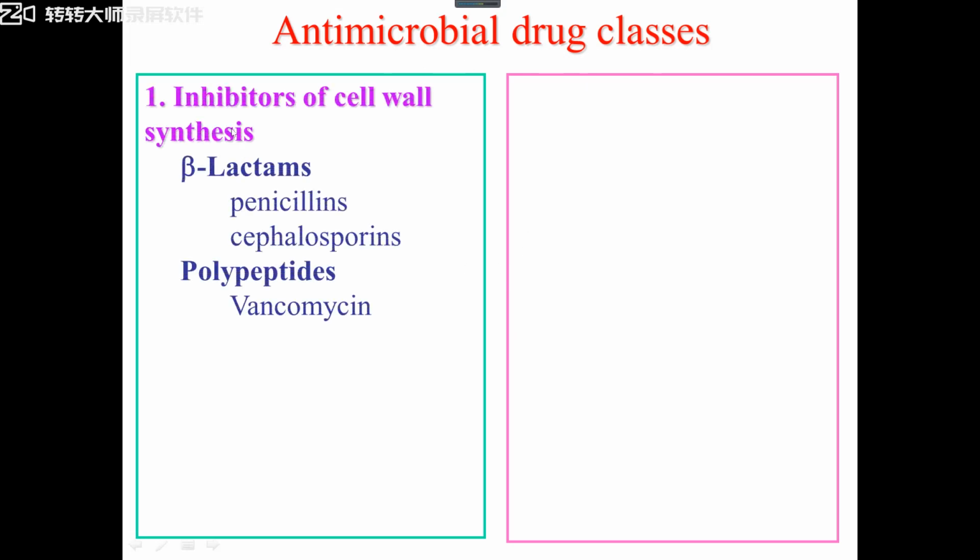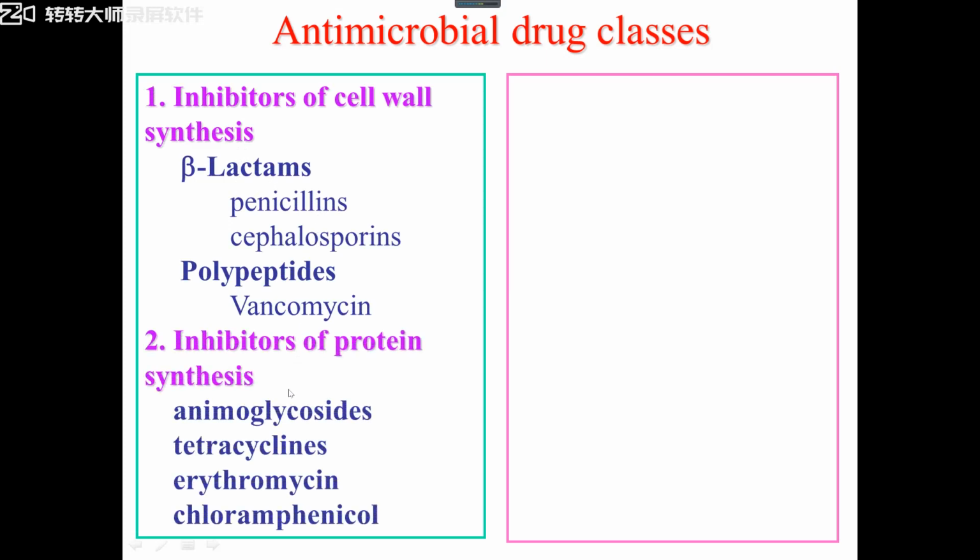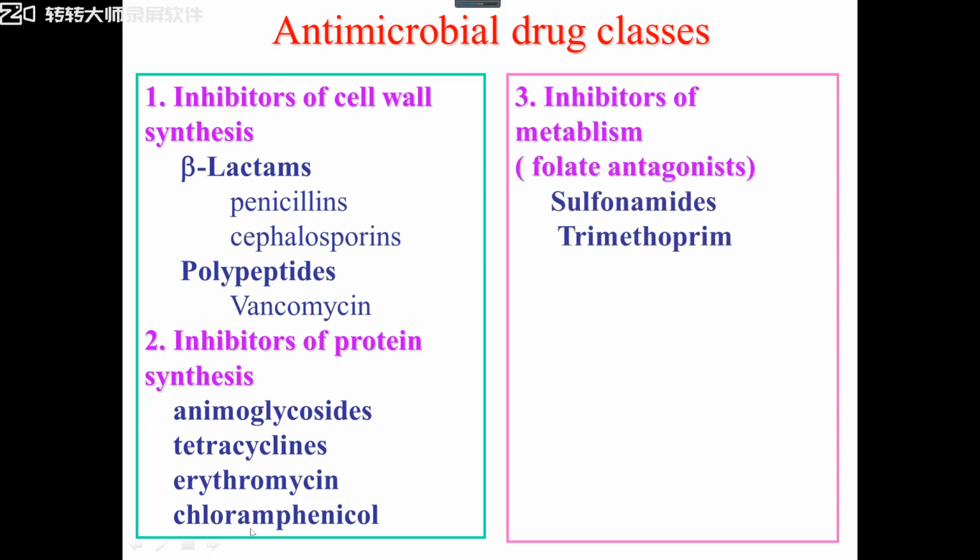The first category: inhibitors of cell wall synthesis, vancomycin, penicillins, and cephalosporins. The second category: inhibitors of protein synthesis, such as aminoglycosides, tetracyclines, erythromycins, and chloramphenicol.